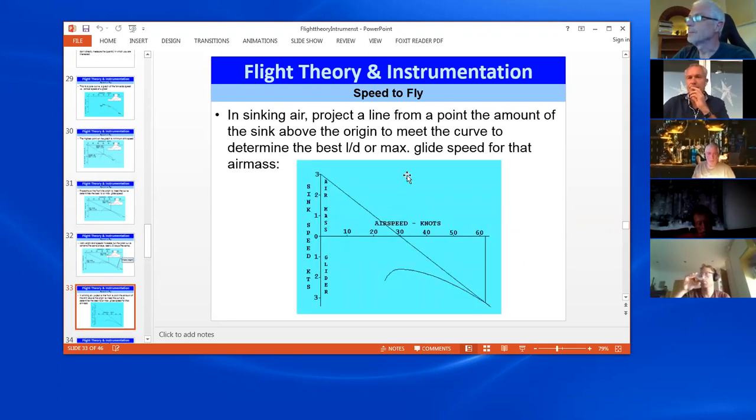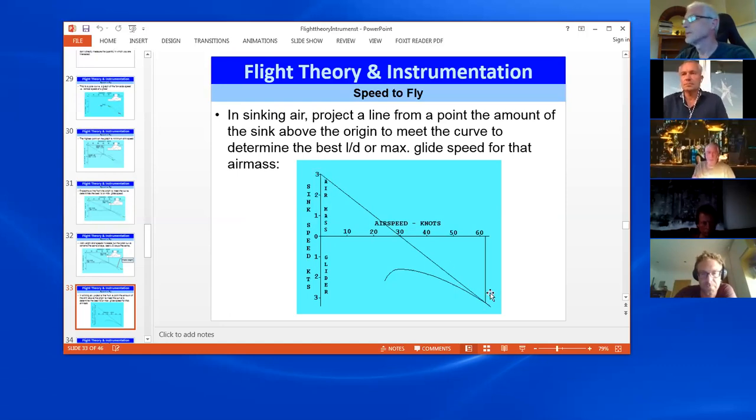If you're in sinking air, say sink of 3 meters per second, then instead of getting your glide angle from the zero point, you go up 3.